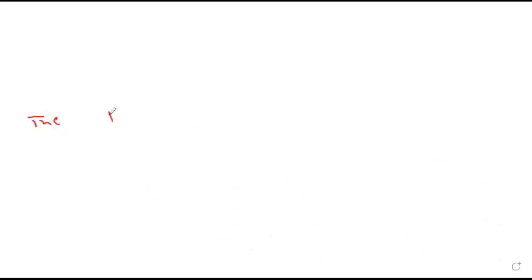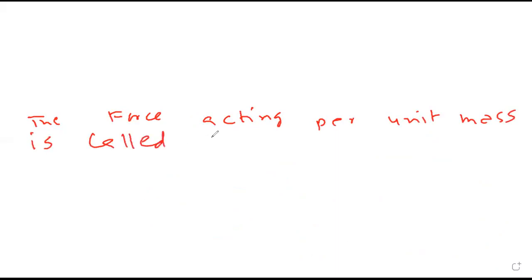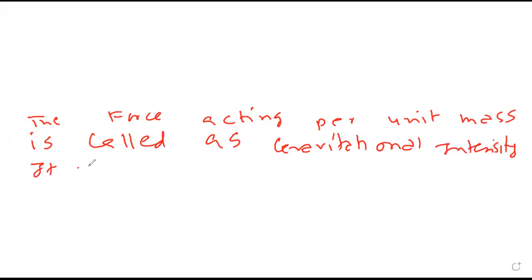The force acting per unit mass is called gravitational intensity. It is given by E, where E means intensity and g means gravitational. It is force upon mass.